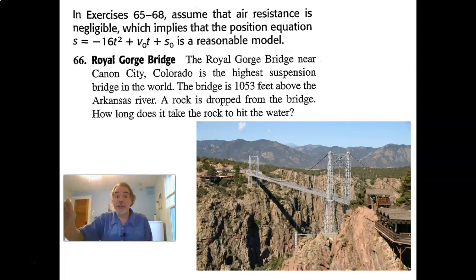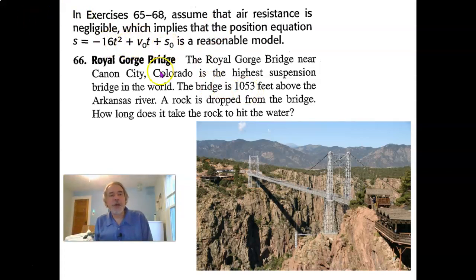Now, as it falls, it's going to pick up speed, but it starts out with no speed. So in this equation, v sub 0 is just the number 0. And then this s sub 0 is the starting height, how high up it is at the moment it's dropped. And that would be 1,053 feet.